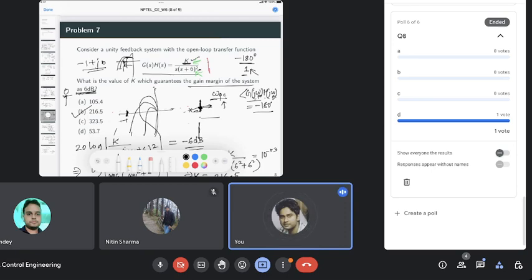So if your system gain is 1 there, then what should be this angle? For example, first define the phase angle of this point. Okay, let's draw this in green color. I'll draw this. Okay, this is one plot. So at this point, what is the phase angle for your system? -180 degree, right?